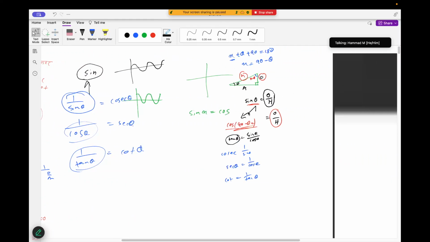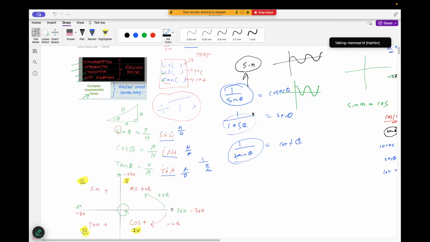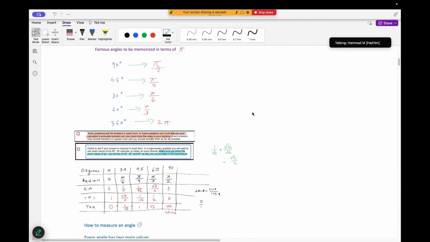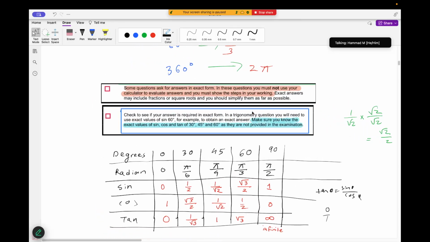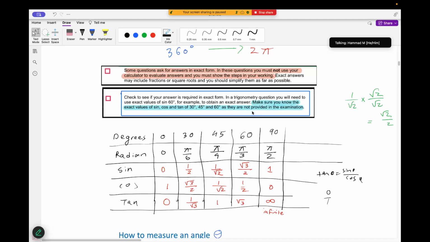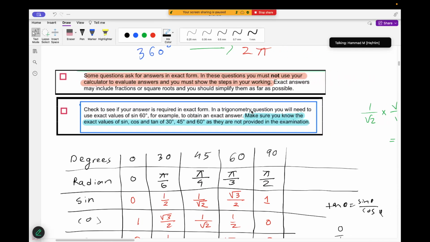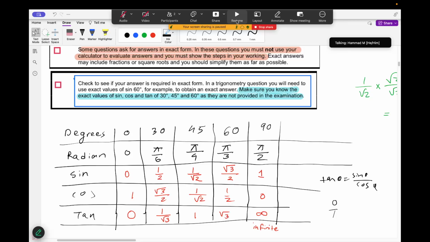Exact answers may include fractions or square roots, and you should simplify them as far as possible. Check to see if your answer is required in exact form. In a trigonometry question, you will need to use exact values of sine 60, for example. To obtain an exact answer, make sure you know the exact values of sine, cos, and tan of 30, 45, and 60, as they are not provided in the examination.